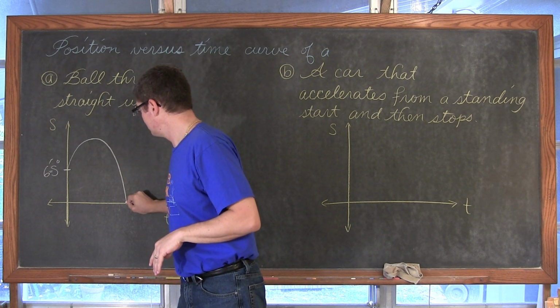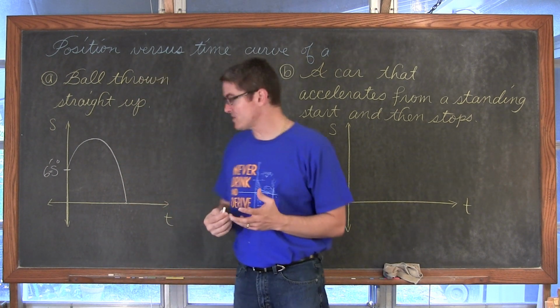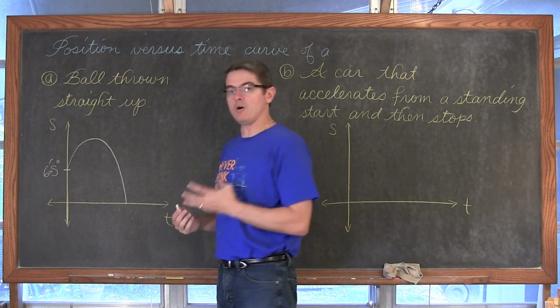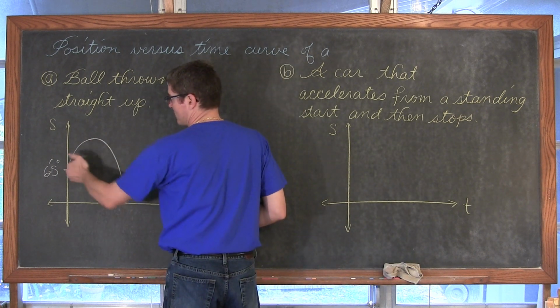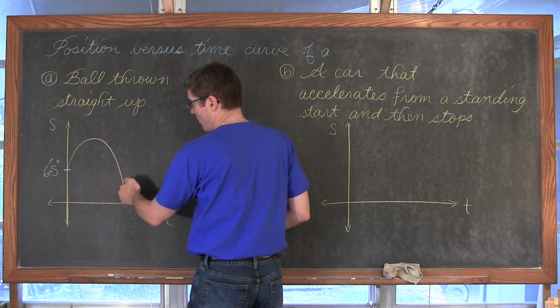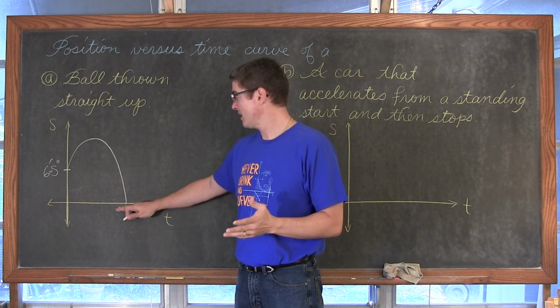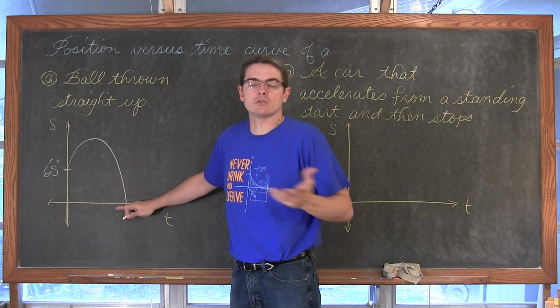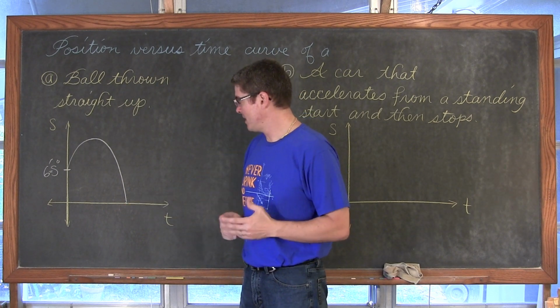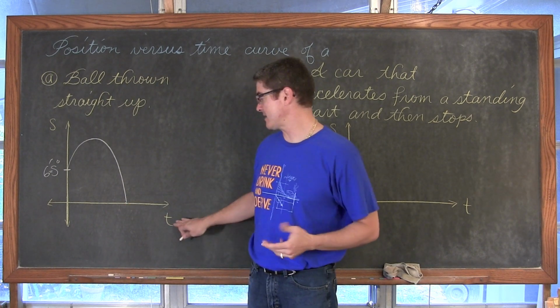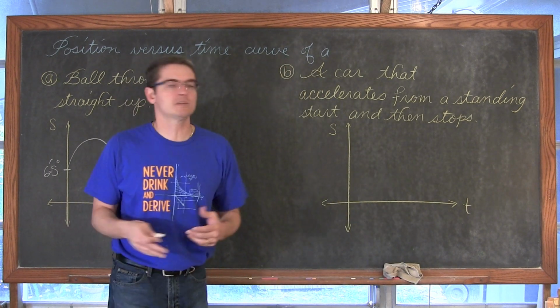That seems like a reasonable sketch of a ball being thrown up. Initially 6 feet off the ground, it rises somewhat, and then gravity pulls it back down until it has a position of 0, or 0 feet, inches, or units, whatever the units are, away from the ground. And at that time, we can just stop measuring time.